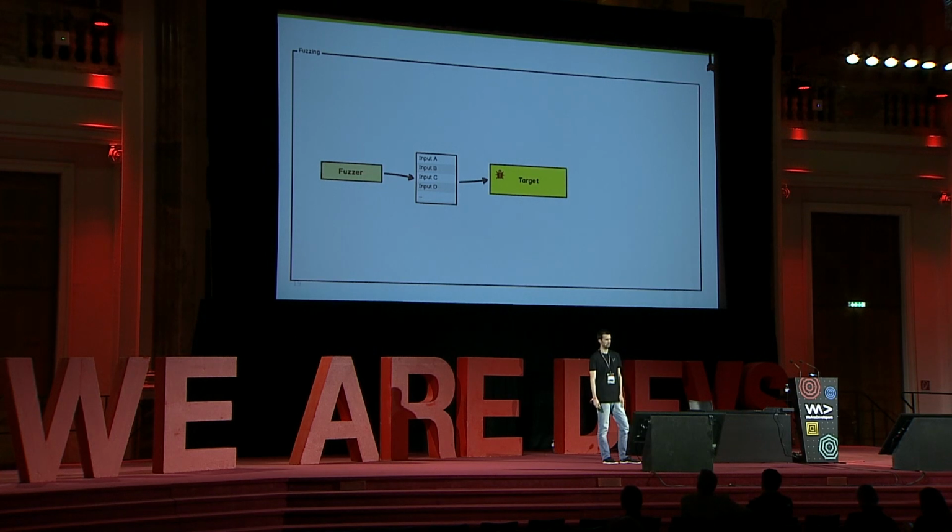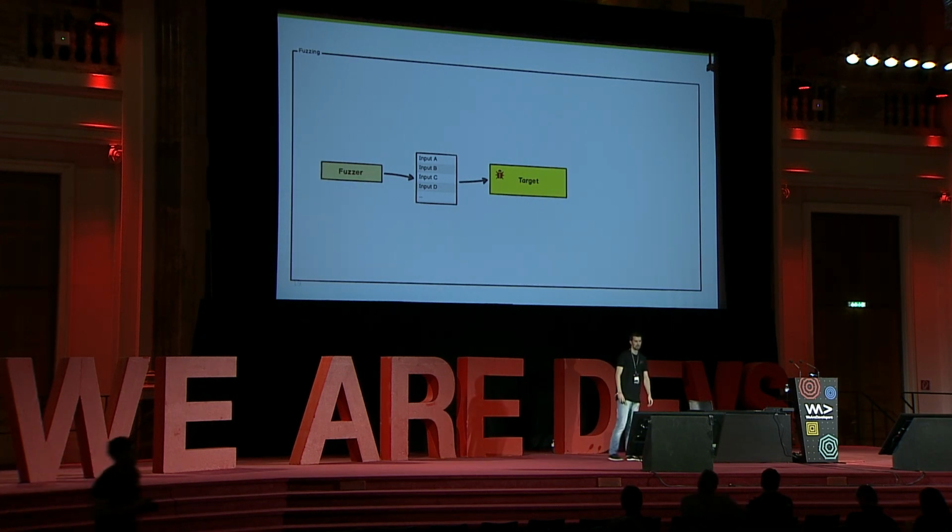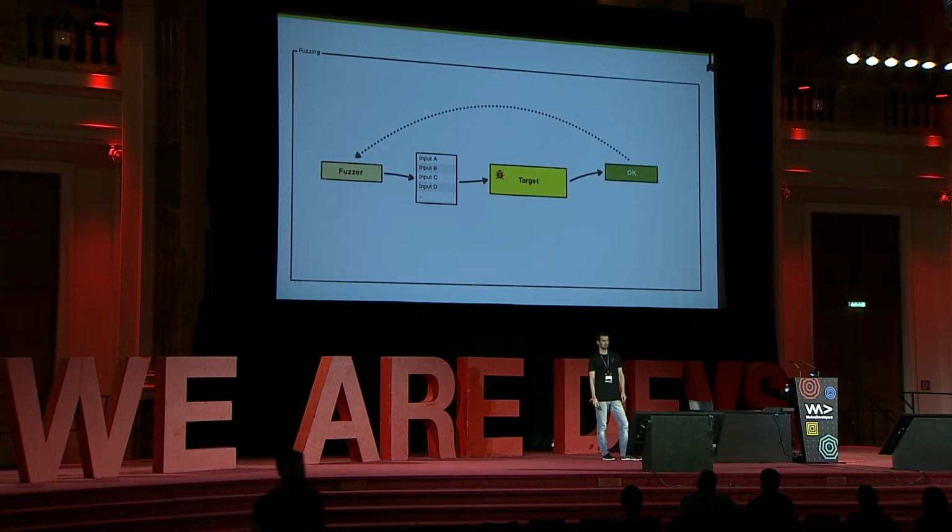These inputs can be generated in different ways, with different strategies, and we'll talk about that later. When the fuzzer sends an input to a target, for example, we send a JSON input to a JSON parser, the JSON parser says, OK, I parsed this JSON, and everything is OK. The fuzzer will think, OK, this input does not trigger a crash, and the fuzzer will continue with the next input.